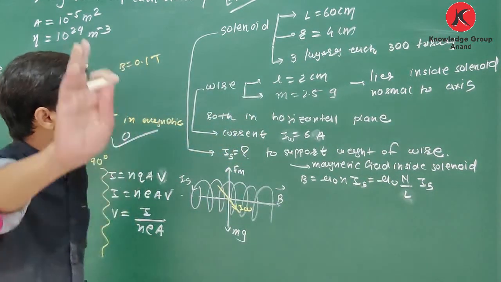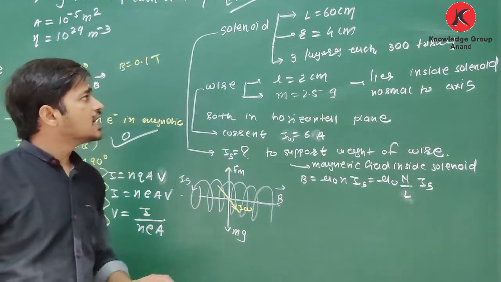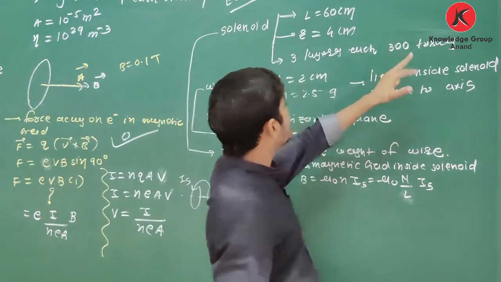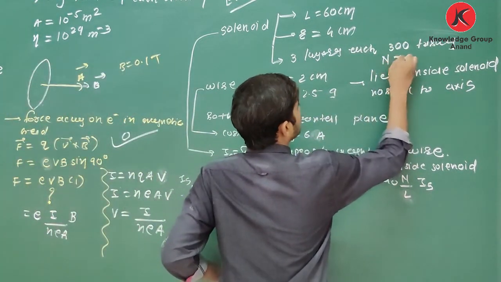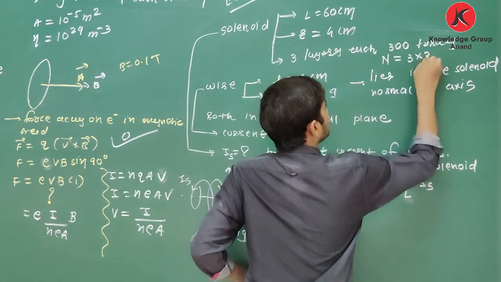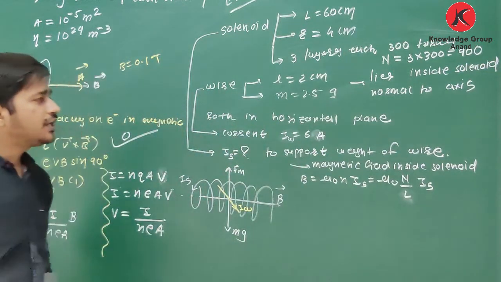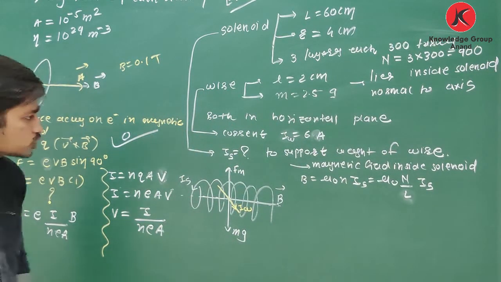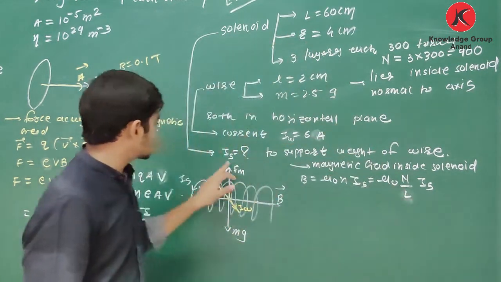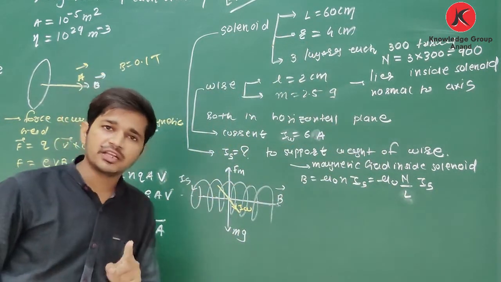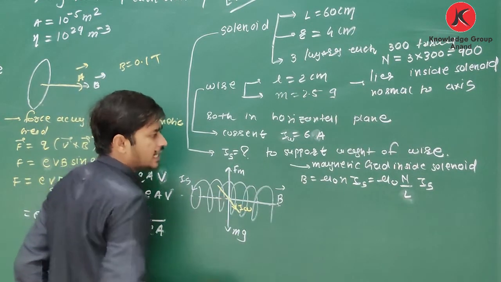Number of turns: here it is 3 layers having each 300 turns, so the total number of turns N is 3 into 300, which is 900. Clear about this? Mu 0 you know, the length of the solenoid you know, and I_S, the current flowing through the solenoid, we have to find.